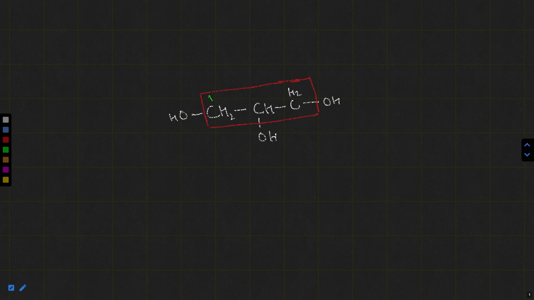Next, we have to number it: 1, 2, 3. Three carbons are there. So methane, ethane, propane. Propane-1,2,3-triol.